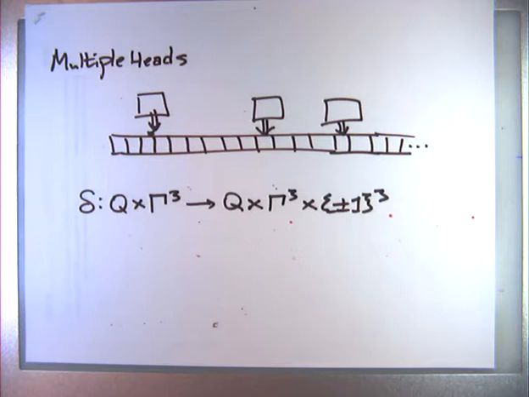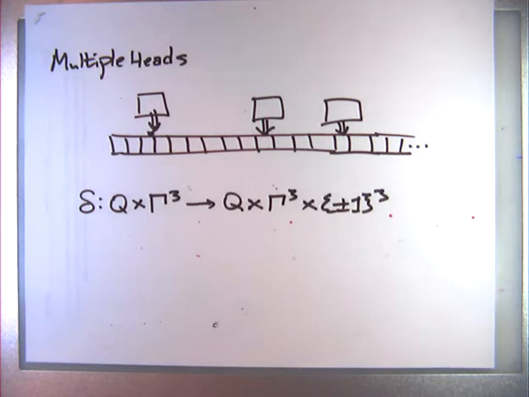So I'd like to have a machine that has essentially 3 different points of access onto the tape. In a single step, I can read all 3 symbols, and then based on those 3 symbols and my internal state, I'll change my state, write down 3 new symbols, and independently say move this one to the left, this one to the right, and leave this one alone.